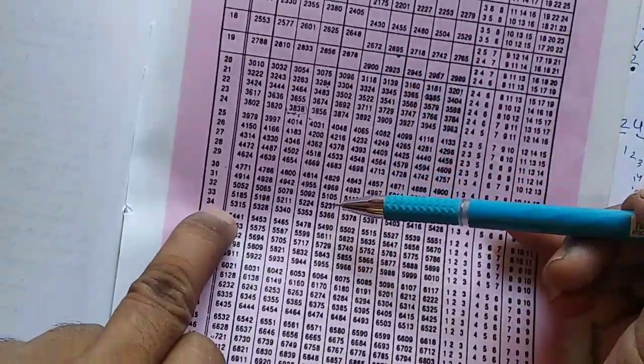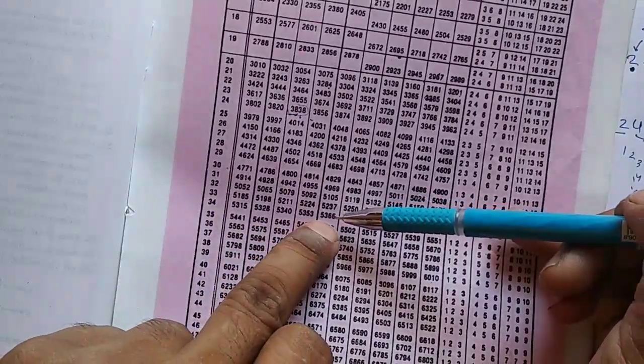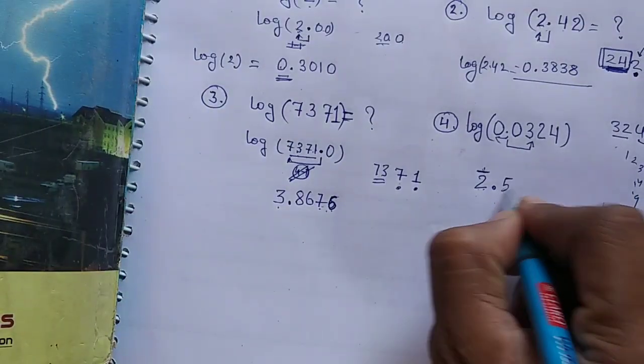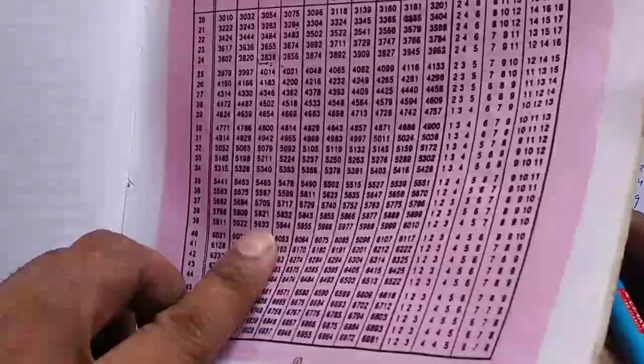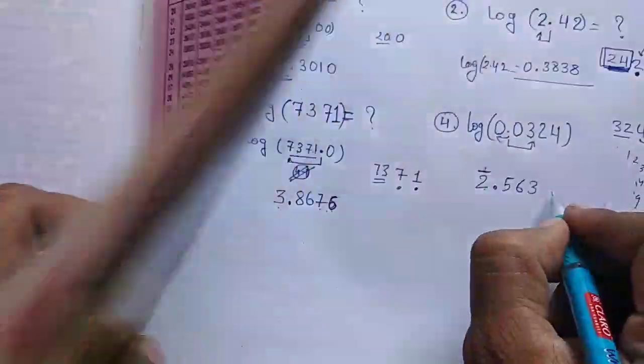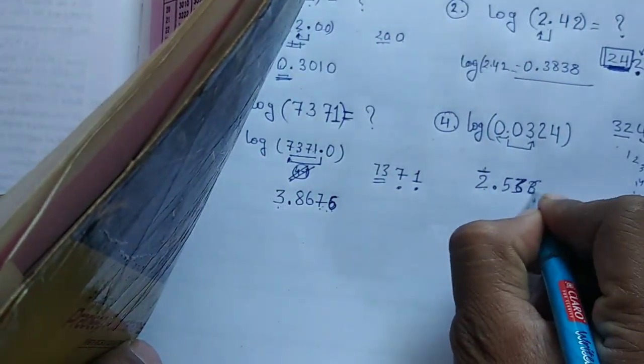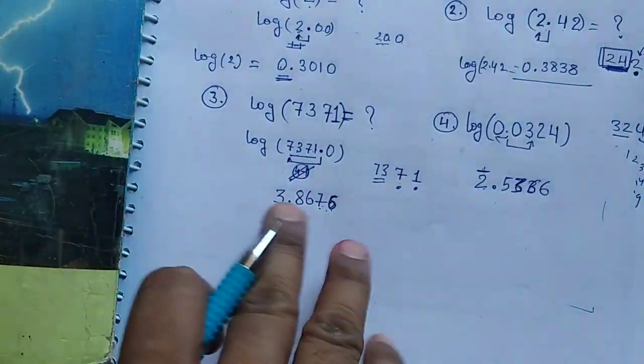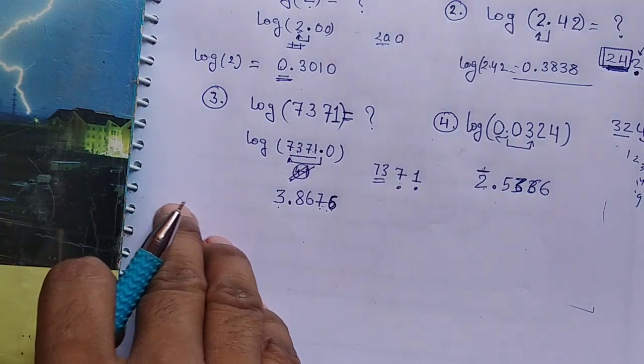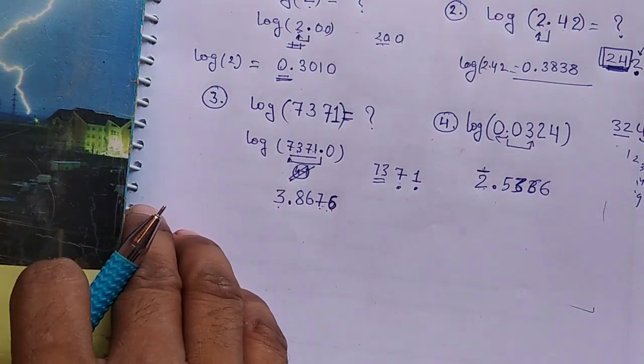Look, the intersection of these two is 5366. So let me put over here 5366. I hope you have understood how to calculate log.